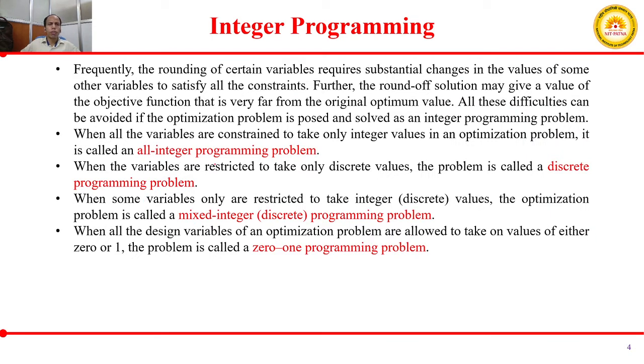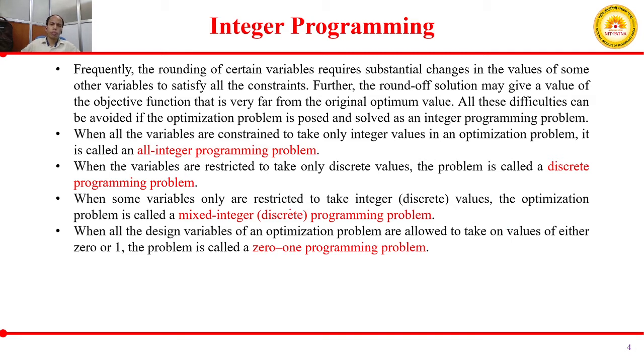In integer programming, I hope you are able to understand the term: your optimization problem can take only integer values. That is why these problems are called integer programming problems. There are four conditions.